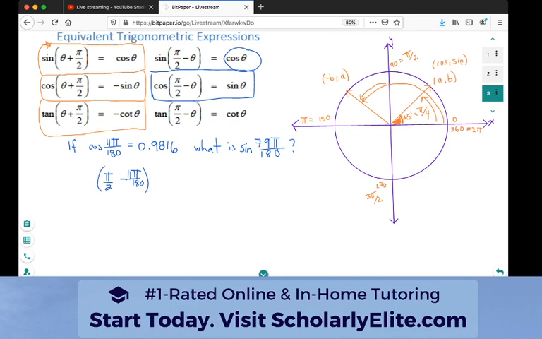So therefore, we get sine of pi by 2 minus 11 pi over 180, and that's equal to cos of 11 pi over 180.